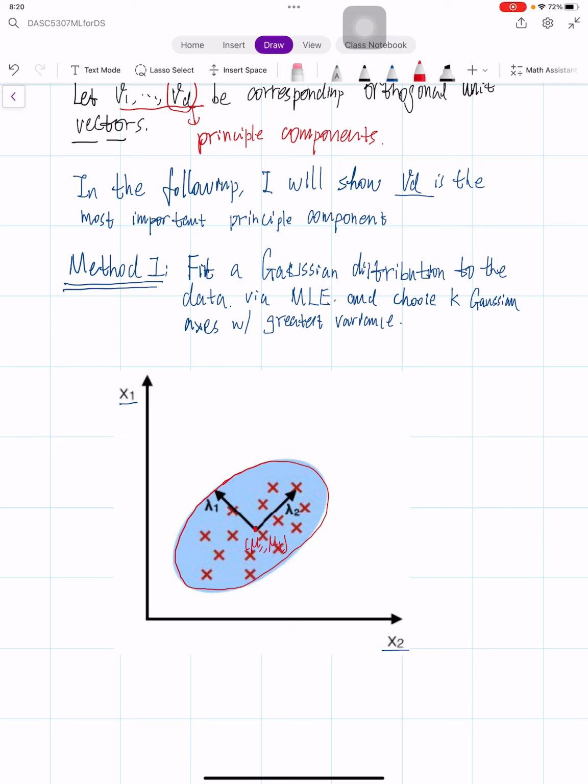The direction of the Gaussian distribution with the largest variance will be our first component. As we can see, in this direction the variance is bigger than the second direction. So this is the first component. Okay, this is the second direction.